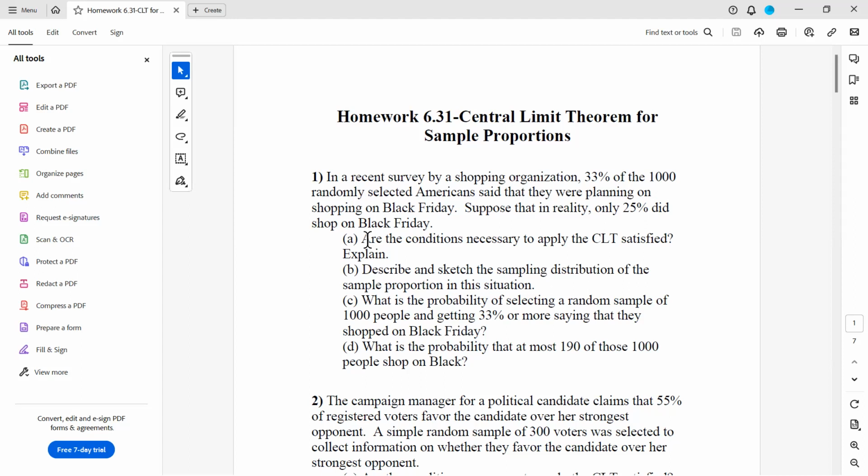Then there was a section where she asks, is it randomized? Yes. And then is it 10%? On this one, 25 and 33.